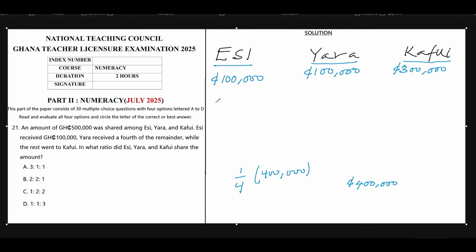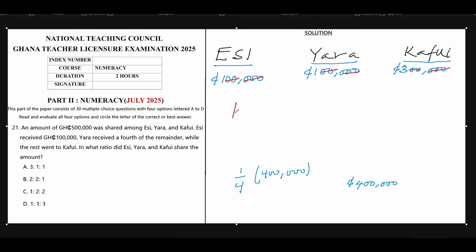But then we are to find the ratio in which the money was shared. We know that ratio enables us to compare things. In this case, we are to compare their individual share. To do that, we must reduce the amount received by each of them to the lowest form. We can cancel out the thousands, and we can cancel out the hundreds.